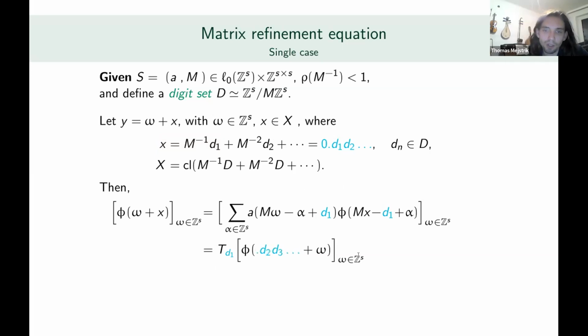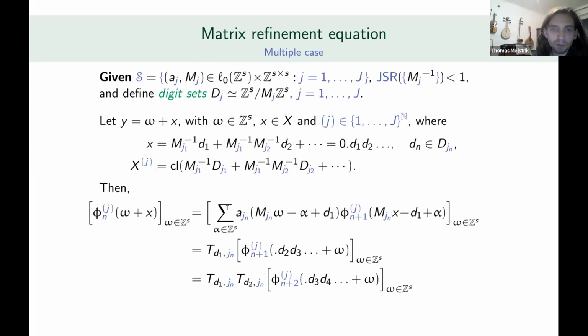So we can pull out another bi-infinite matrix T_d2 and so on. What we have gained is that we can compute all function values of our function phi using an infinite product of bi-infinite matrices. So that's very great.